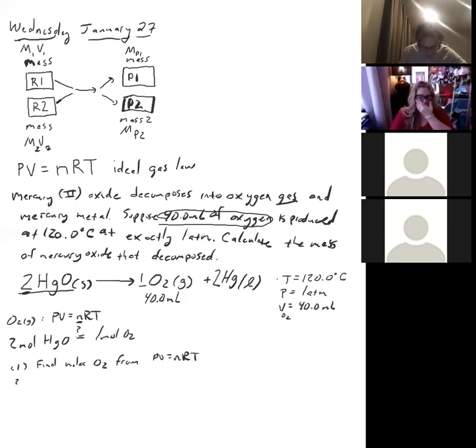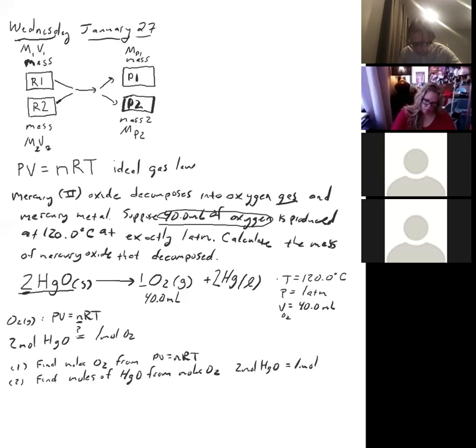Step 2, find the moles of HgO, mercury oxide, from the moles of O2, okay? And for that one, you're going to use 2 moles HgO equals 1 mole O2. And then the question is find the mass. We want to know what the mass of HgO is, right?